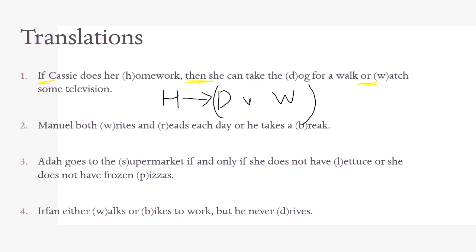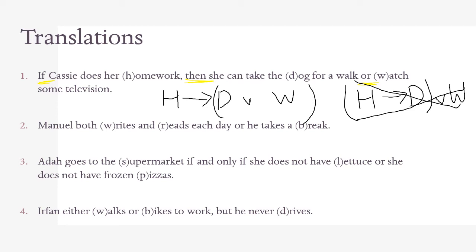And that seems to capture what we're trying to get at with this sentence. So we probably would symbolize it this way rather than this way, because it sounds like this sentence is trying to get at the point that she's going to do her homework and then she's going to do one of these other two things. So it wouldn't be this, but we would probably write it like that. So that's the first one.